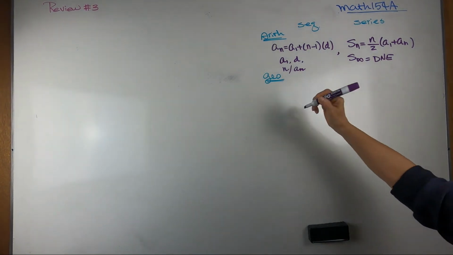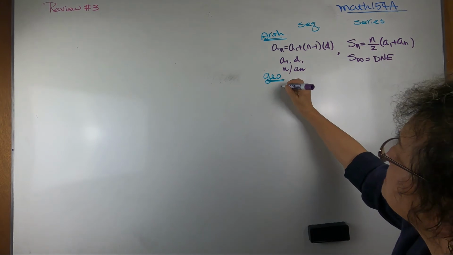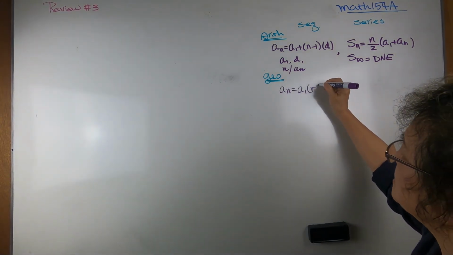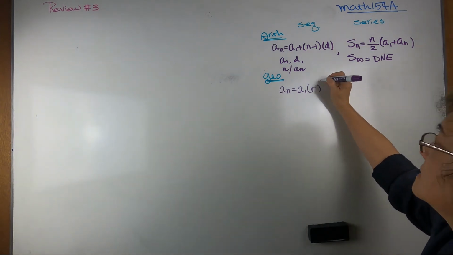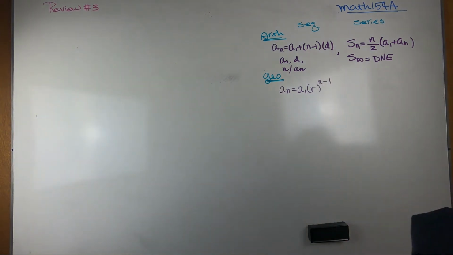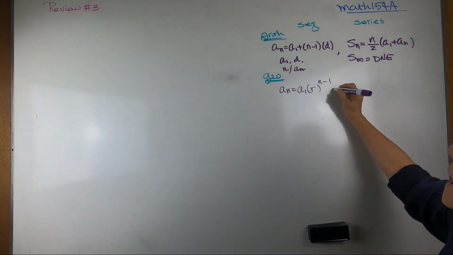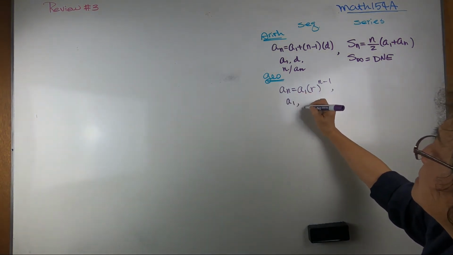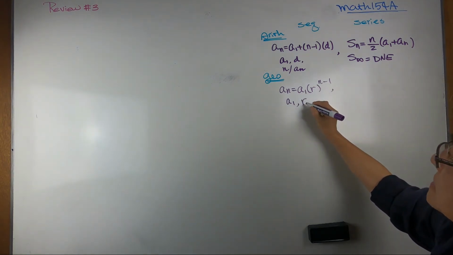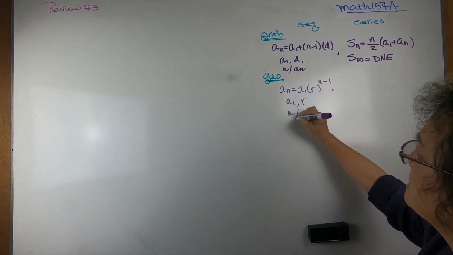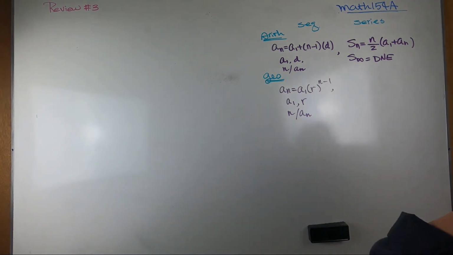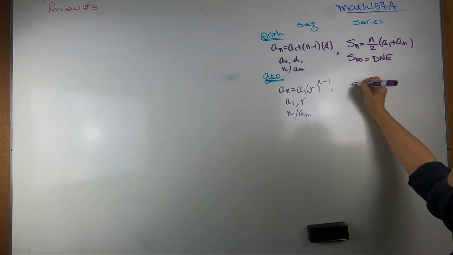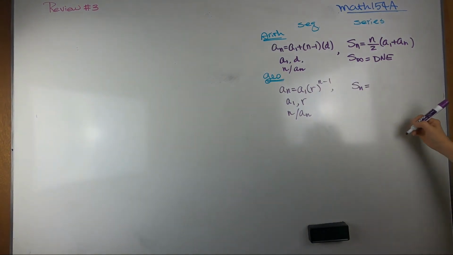For the geometric sequences, a_n is what? a_1 times r to the n minus 1, because it is by ratio, by multiplying, right? Then we need a_1, we need r the common ratio, and n, and a_n the general term, right? Then for the series S_n, what's the formula?